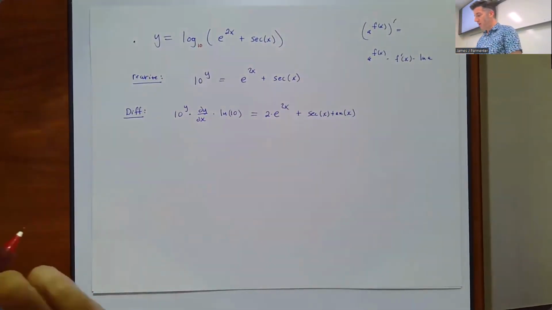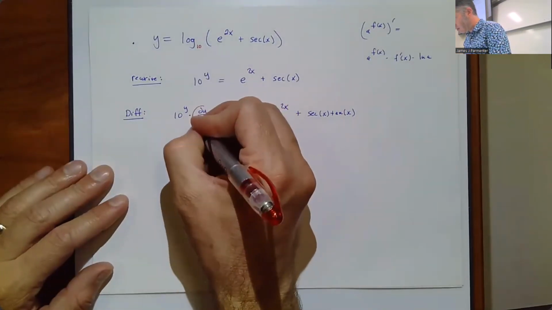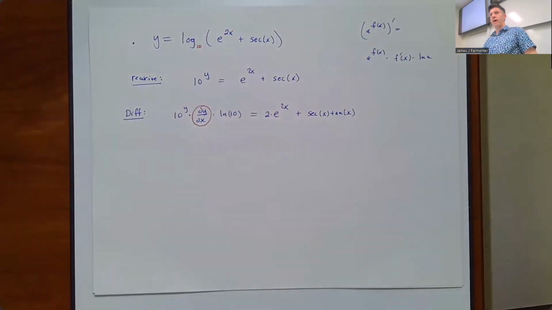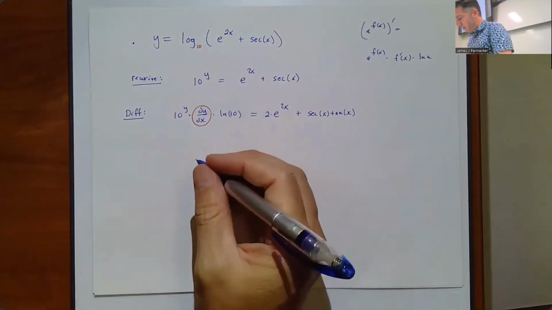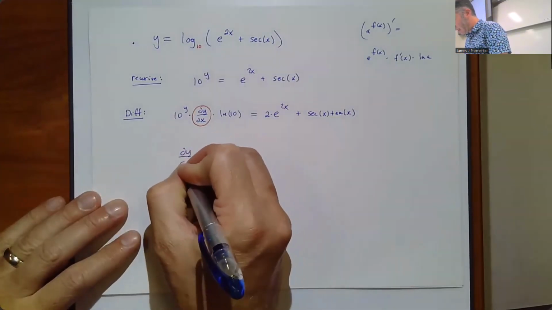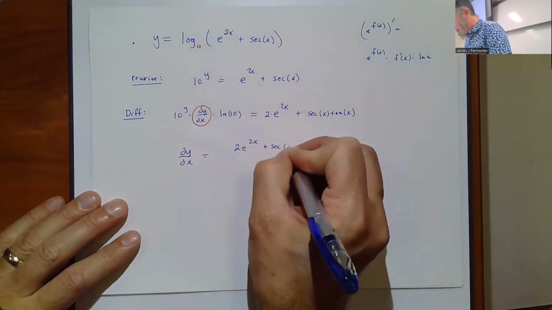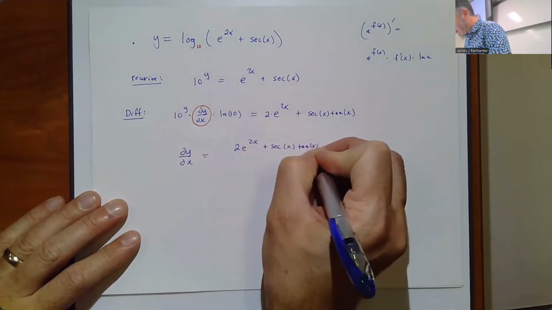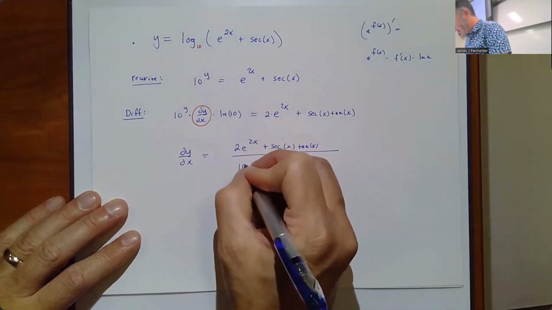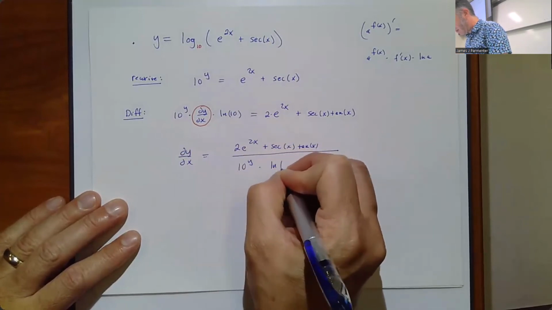And now, just like before, we're just trying to solve for that. So I'm going to get that dy dx is 2e to the 2x plus secant of x times tangent of x over 10 to the y times the natural log of 10.